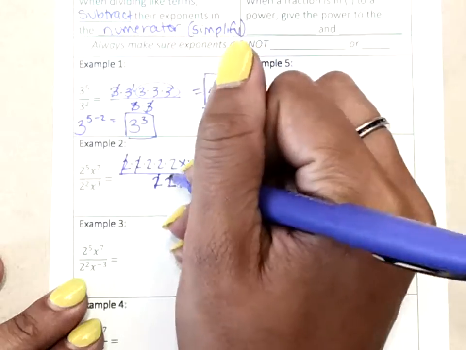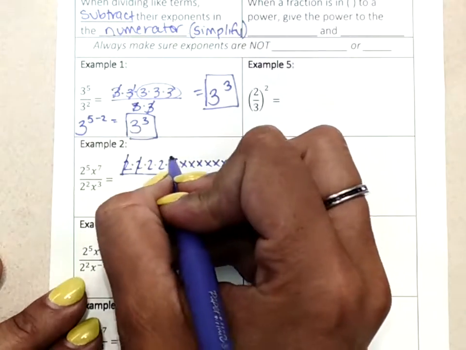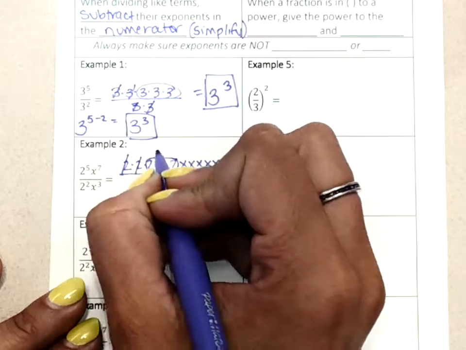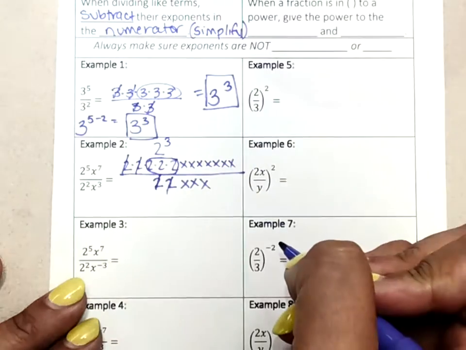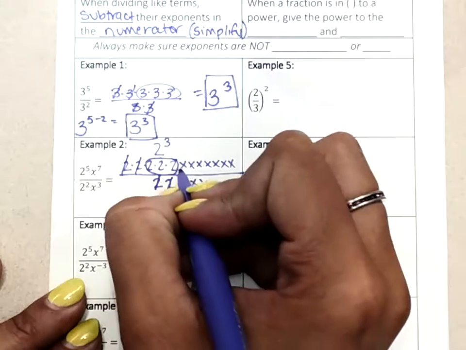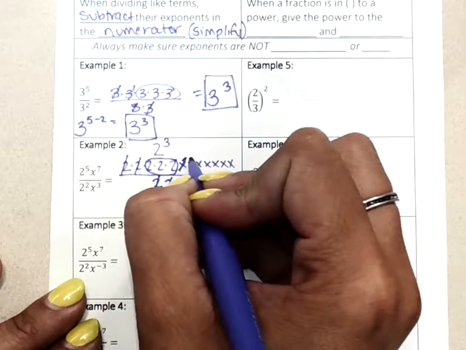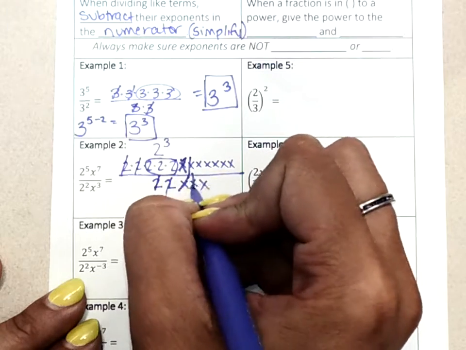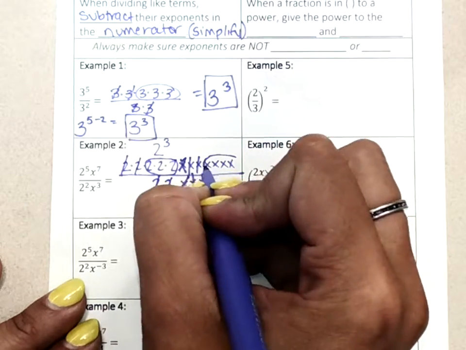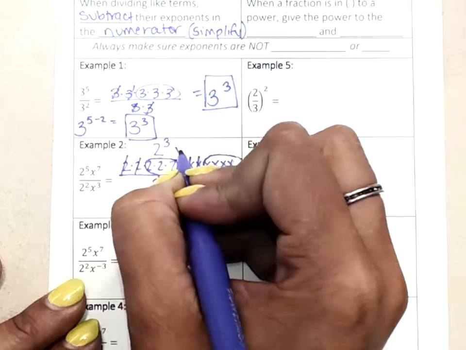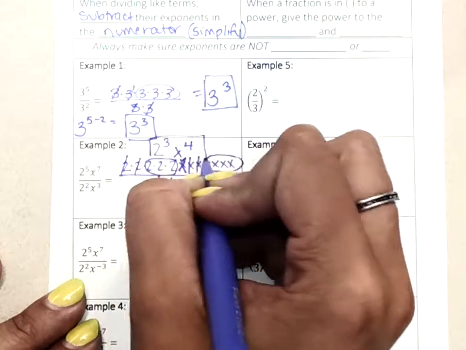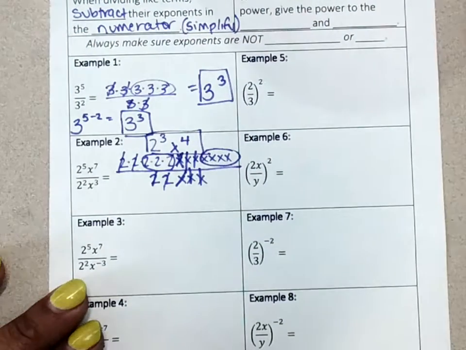So 2 and 2. That leaves us with 2 to the 3rd power. And then for our x's, we'll cross these out. And that leaves us with 1, 2, 3, 4, x to the 4th. So that's how you'd solve using expansion.